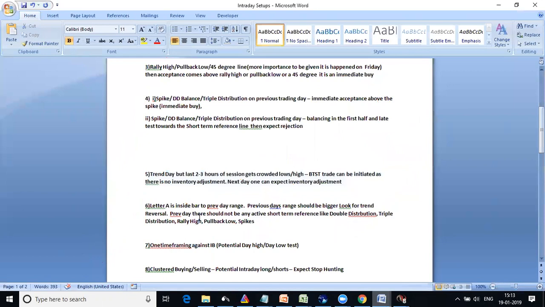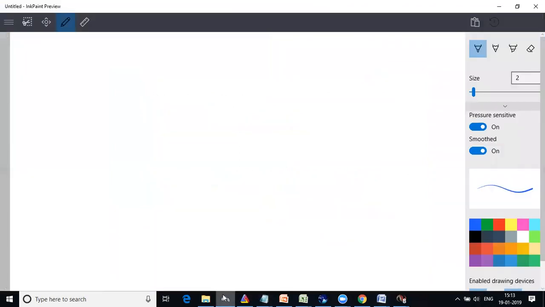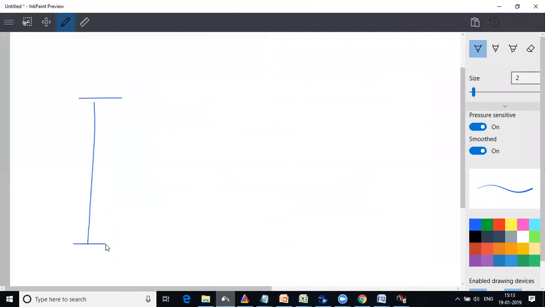So next is an A period inside bar, where the previous day range was very big. Let's say this is my previous day range, but it's having a bigger range.